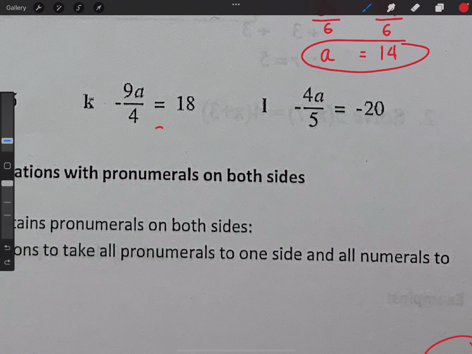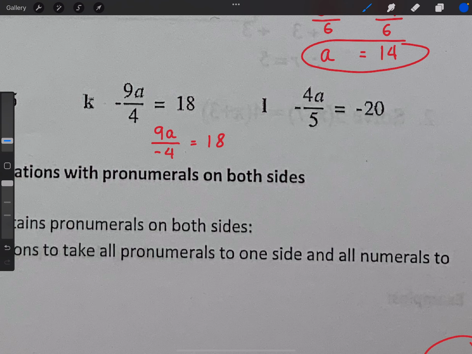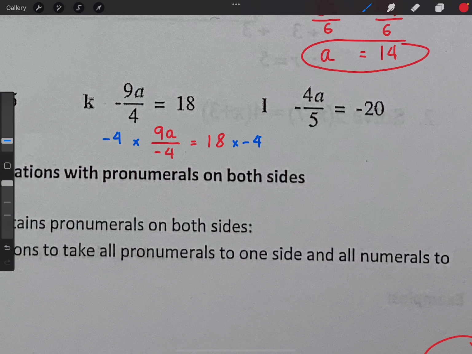I'm going to say 9A over minus 4 is equal to 18. Alright, so let's get rid of this minus 4 at the bottom. Let's multiply by minus 4 to both sides of the equation. When we do that, we're going to cancel out this one and this one.